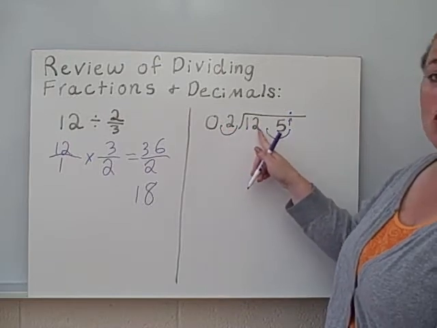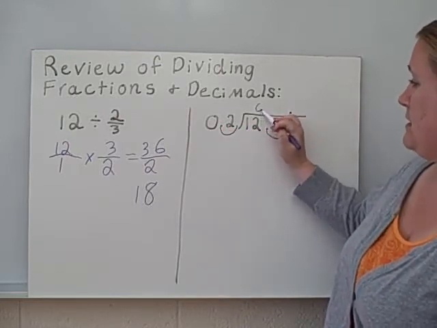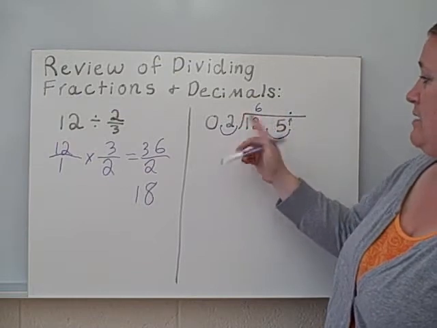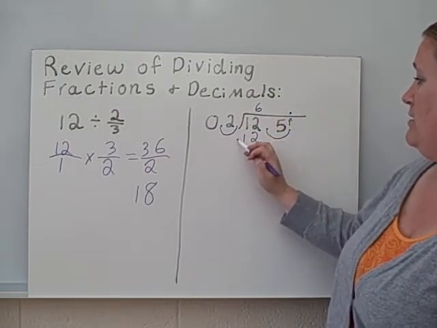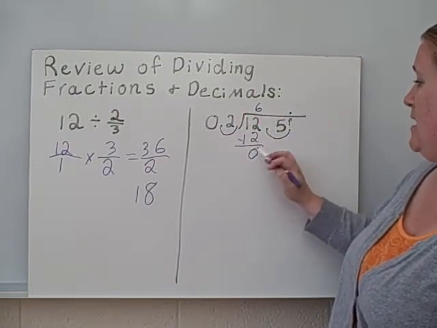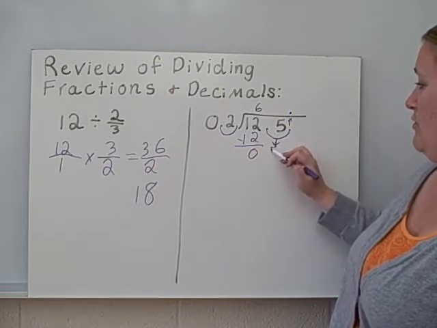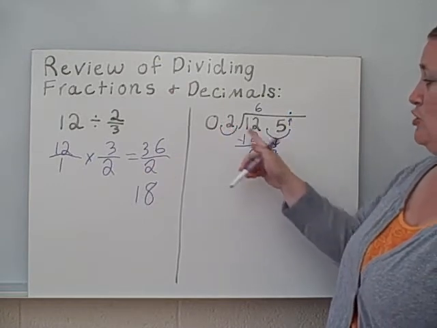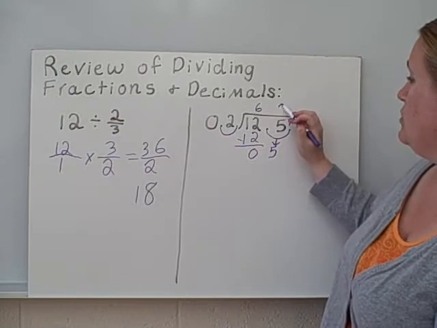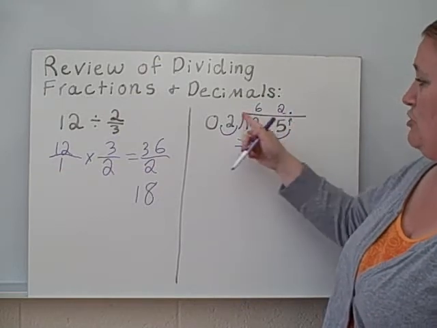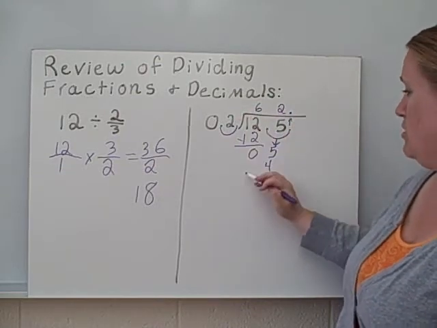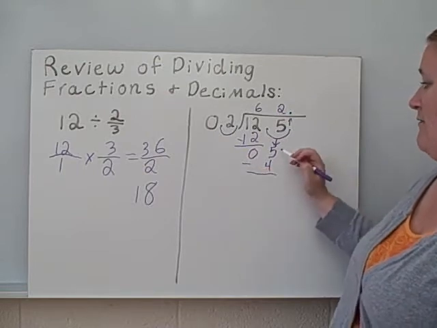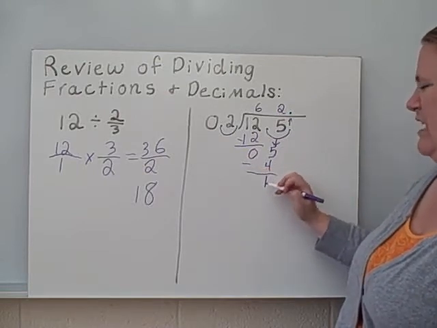2 goes into 12 6 times. 6 times 2 is 12. Subtract. Bring down your 5. 2 goes into 5 2 times. 2 times 2 is 4. 5 minus 4 is 1.